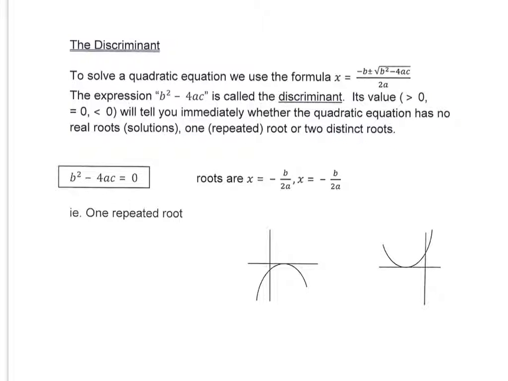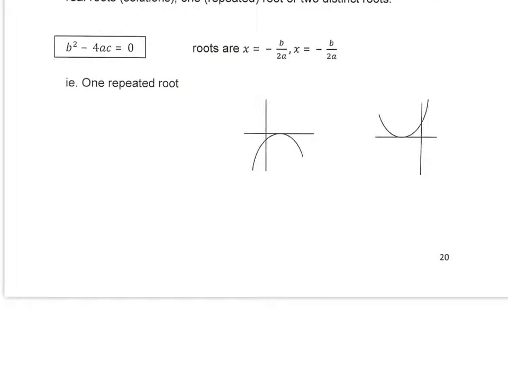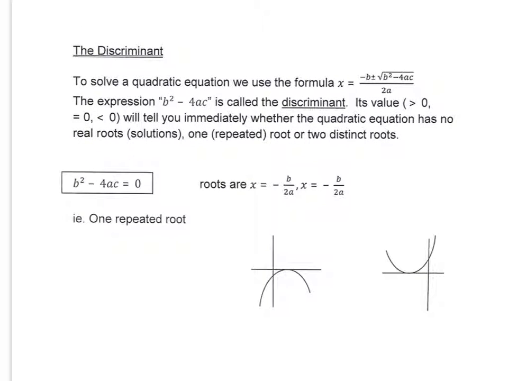So none, one, or two. All we're interested in is: is it a positive number, is it equal to 0, or is it a negative number? Taking each one of those in turn, let's look at the situation where it is equal to 0. Let's go back up to the quadratic formula. If b squared minus 4ac is equal to 0, it means we're taking the square root of 0, which is 0.